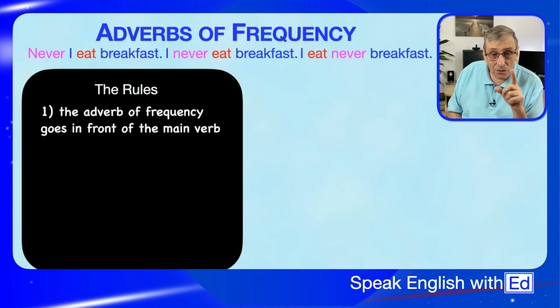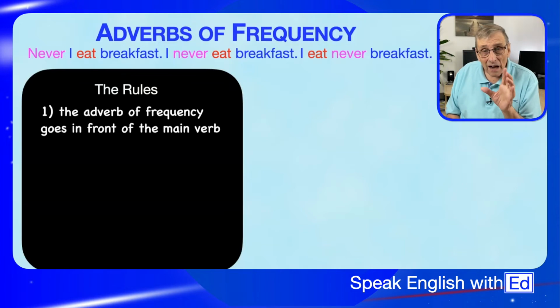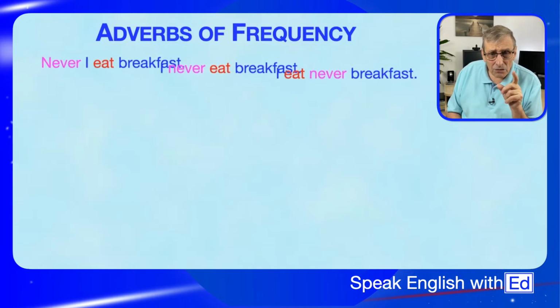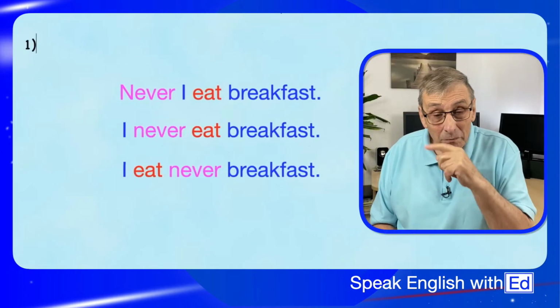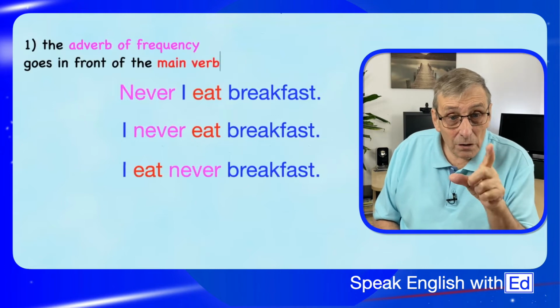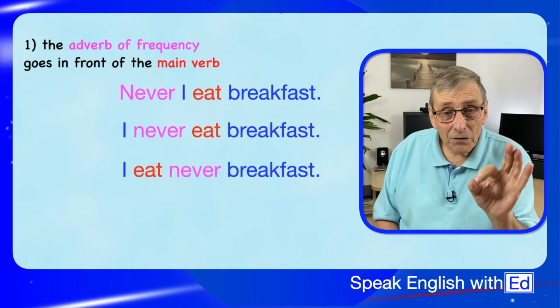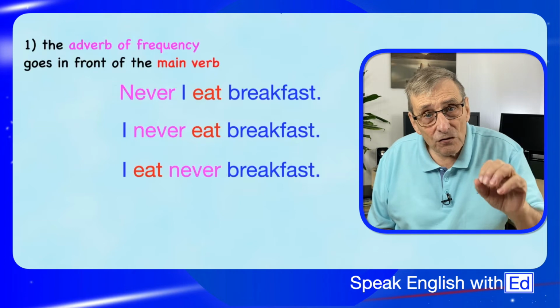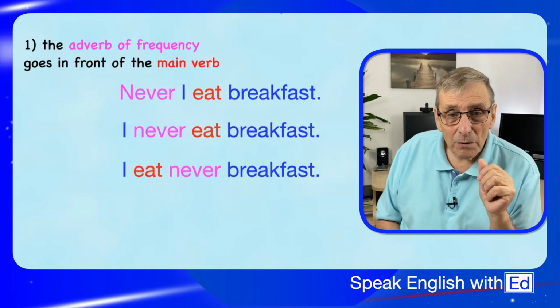Now, in the sentences above, the adverbs of frequency are written in pink or cerise or whatever colour it is, and the main verb is in orange. So let's have a look here again. Remind yourself of the rule: the adverb of frequency goes in front of the main verb.